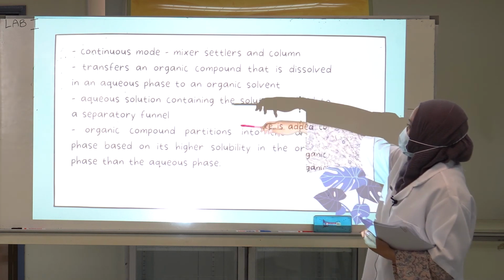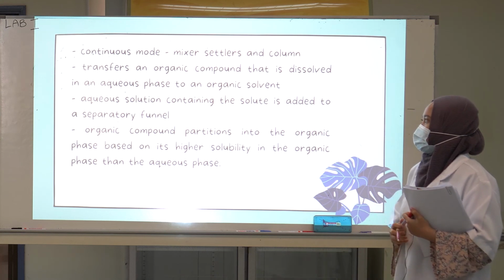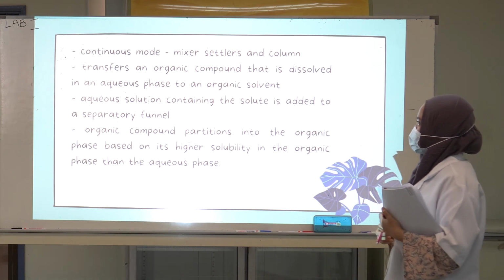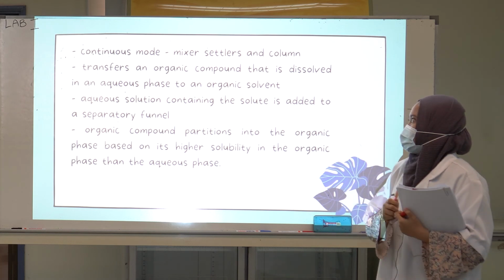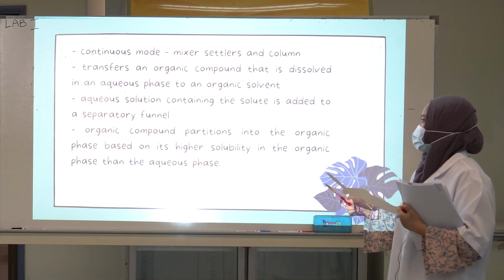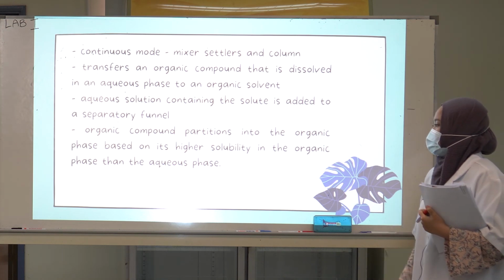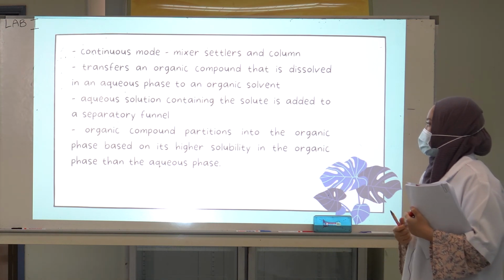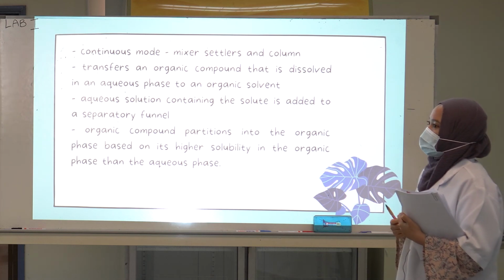This is because we want to transfer an organic compound that is dissolved in an aqueous phase to an organic solvent. For information, an aqueous solution containing the solid is added to a separatory funnel, and the organic compound partitions into the organic phase based on its higher solubility in the organic phase than the aqueous phase.